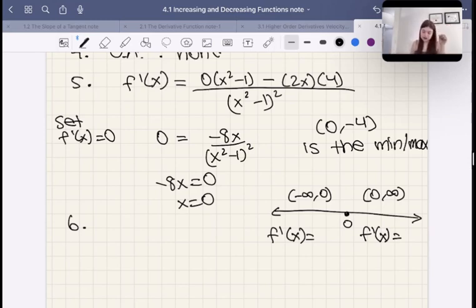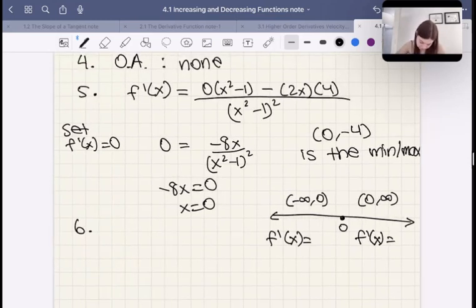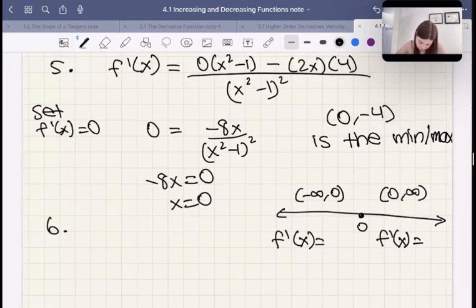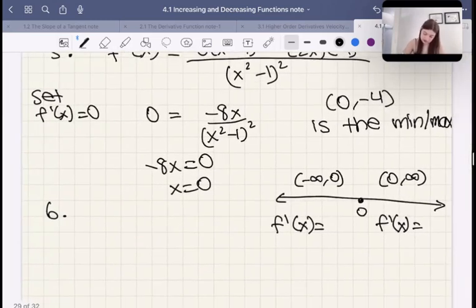So let's say I plug in minus 1 back in. What am I going to get? Let's see, minus 1 into this original first derivative. If I plug in negative 1, I will get something positive, right? Because I will get something positive on the bottom always because I'm squaring something.